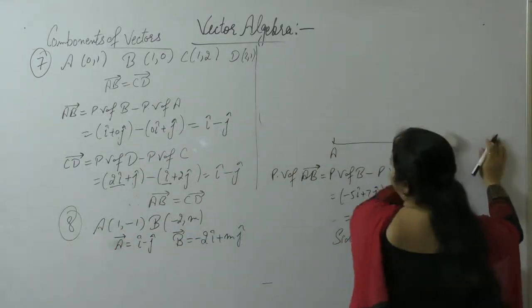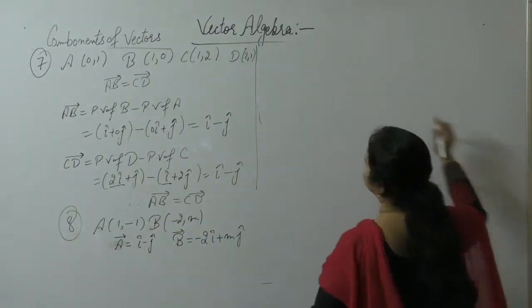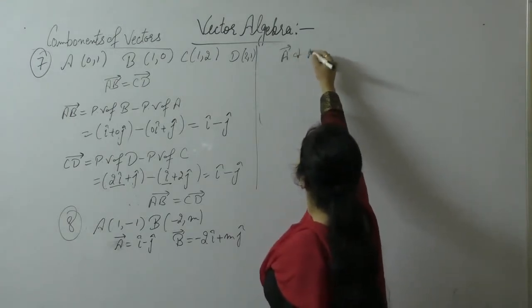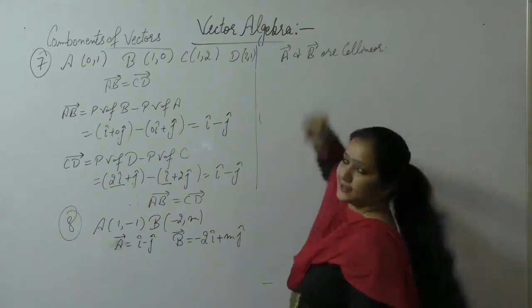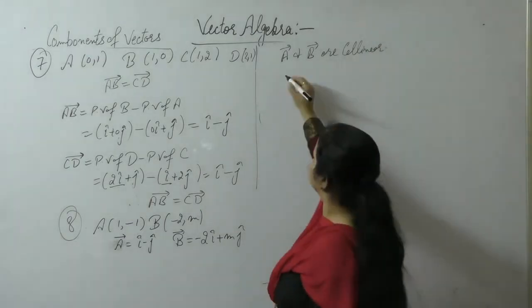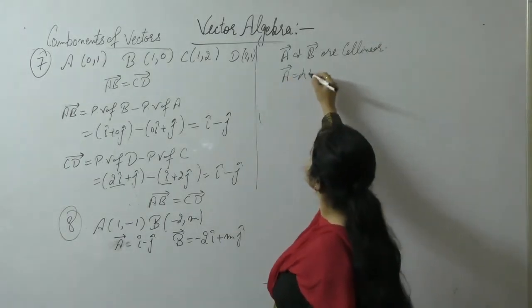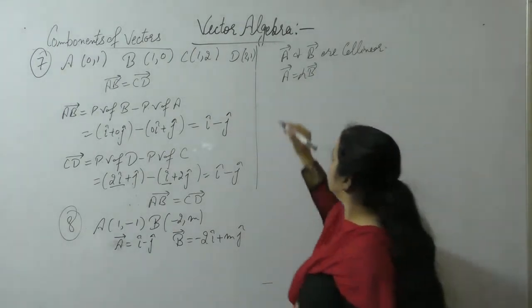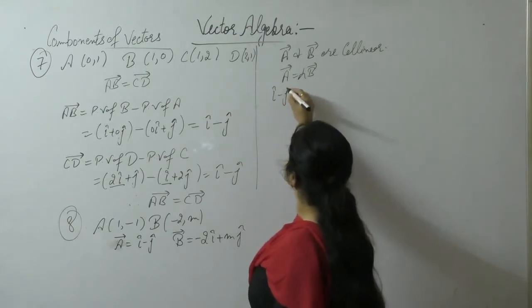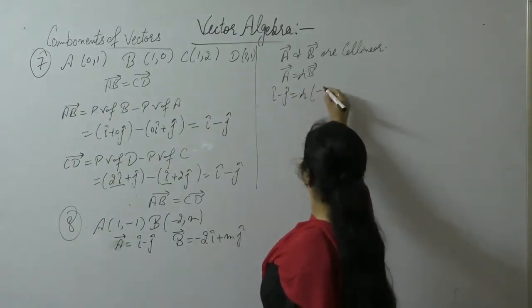Since A vector and B vector are collinear, that is, they are in the same line, therefore A vector is lambda into B vector, where lambda is any scalar.